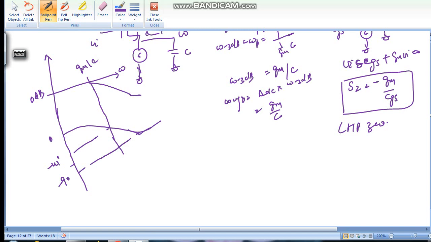Now suppose this zero occurs somewhere at high frequency omega z. This is left hand, so at this point the phase plot again starts going high, and it will be 0.